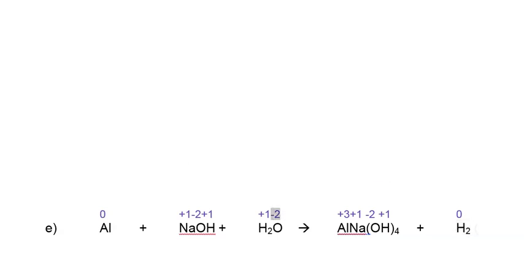Oxygen's usually -2, so in water it's -2, in hydroxides it's -2, so it's -2 everywhere here. Hydrogen, when it's in a compound, is usually +1, so we've got a bunch of hydrogens that are +1.